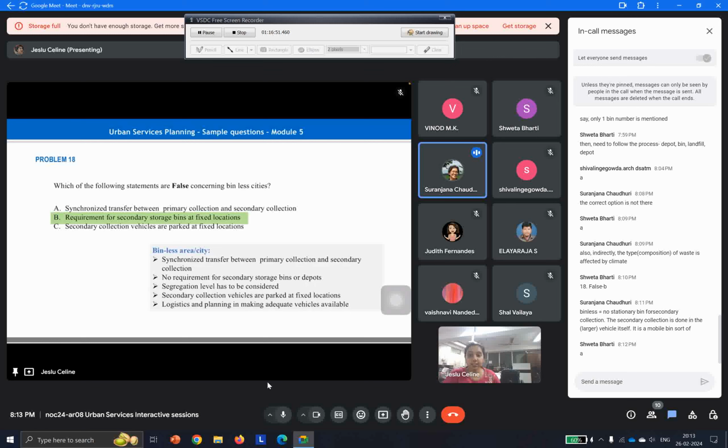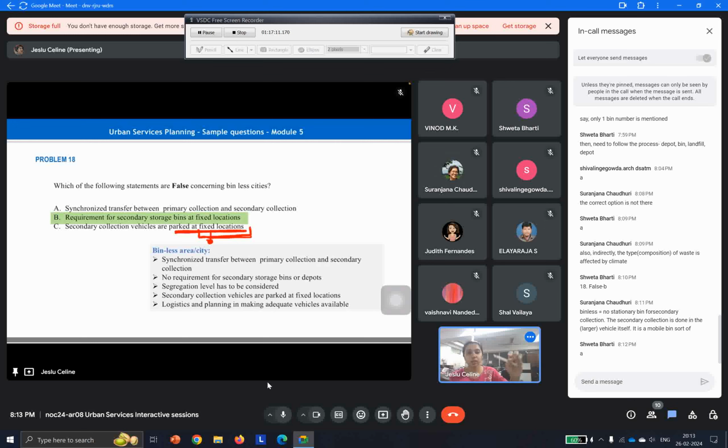That's a very, very valid point. So by saying that secondary collection vehicles are parked at fixed locations, it doesn't mean that these locations are fixed throughout the year or that it's always that particular location. Here the fixed implies that it's a planned location.